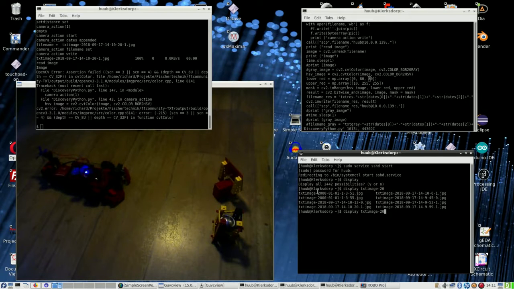Oh, I forgot to remove these images. Oh, how bad. First these, and then the resulting images. Okay.